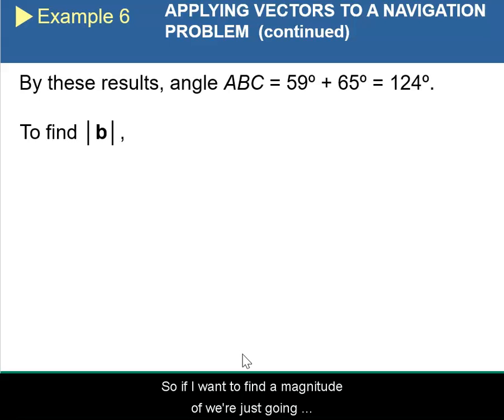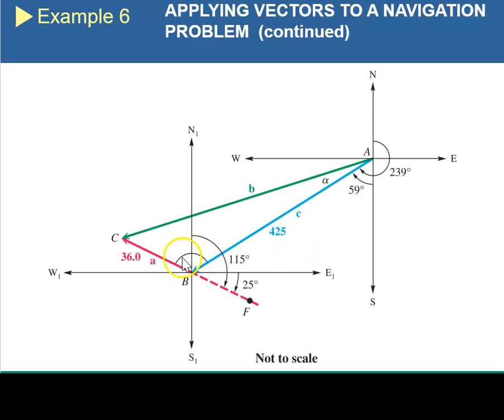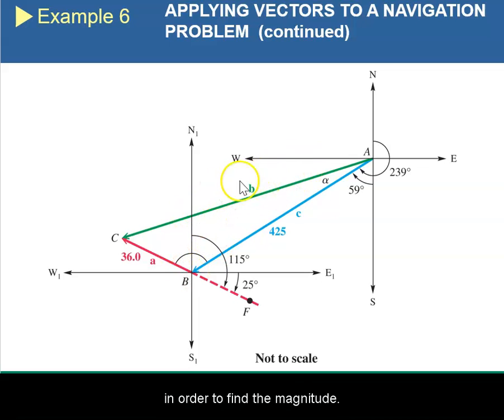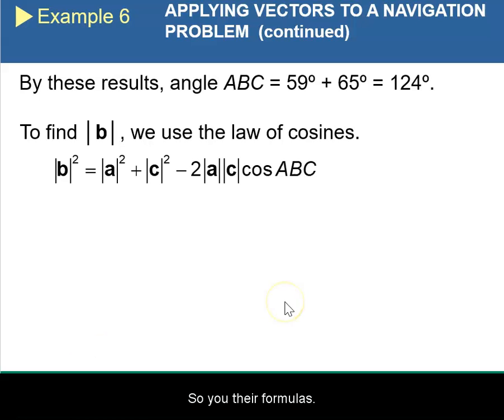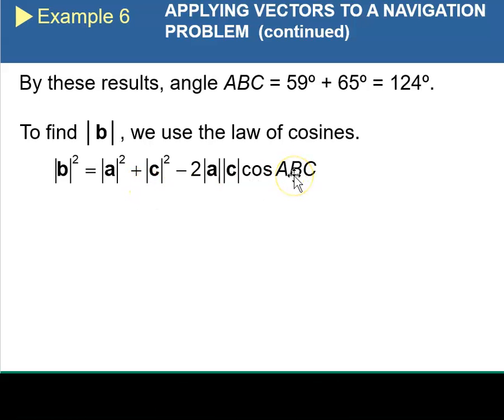So if I want to find the magnitude of B, we're just going to use the law of cosines. Let's look at again what we have so far. Now I have this angle, this side, and this side. We'll use the law of cosines in order to find the magnitude of B. Using our formulas, magnitude of B squared is the magnitude of A squared plus magnitude of C squared, and so forth.